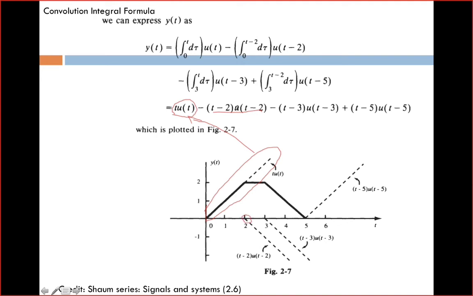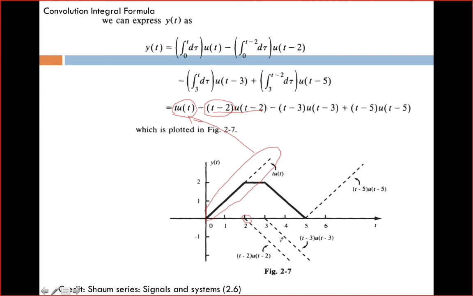The important thing is that the function t minus 2 is multiplied, which means when you increase the t value, the function will also increase. For example, when you put t equal to 0, the value is minus 2.